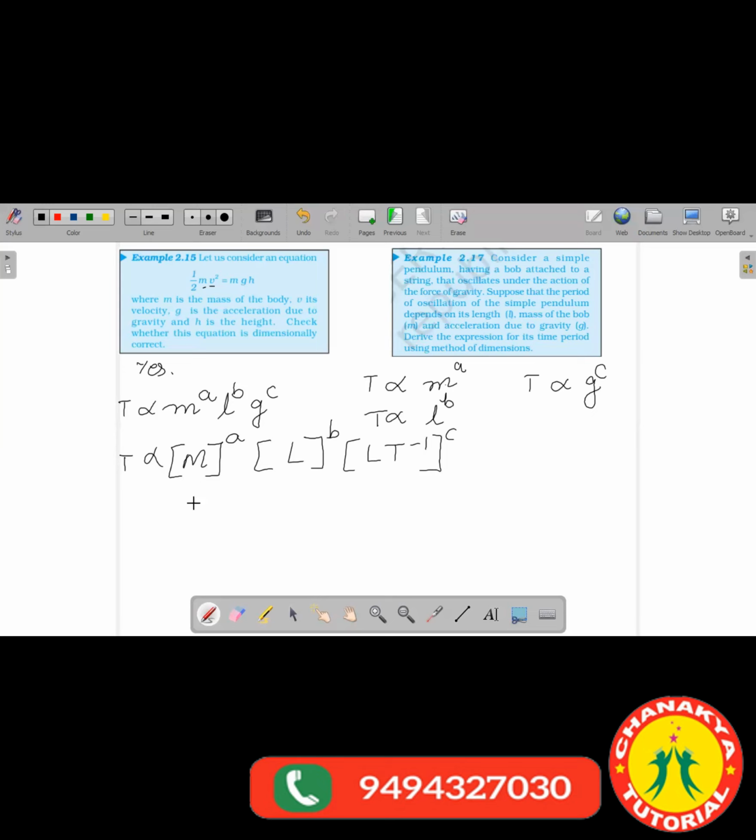Now, just solve the right hand side. We get M to the power A, L to the power B plus C, and T to the power minus 2C.